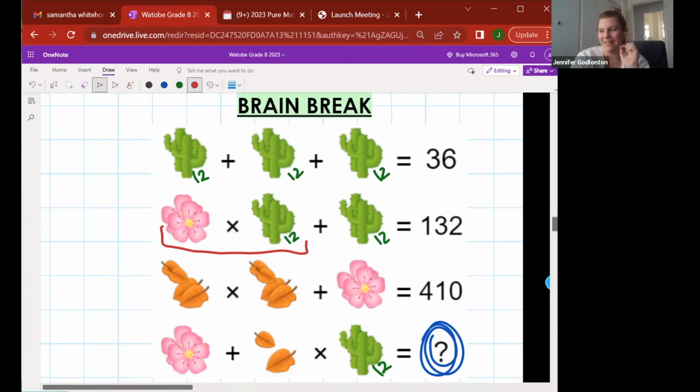Who can figure out the flowers? Swazi, is that your final answer, or is that part of your working? I'm liking that answer of the flower being 10.